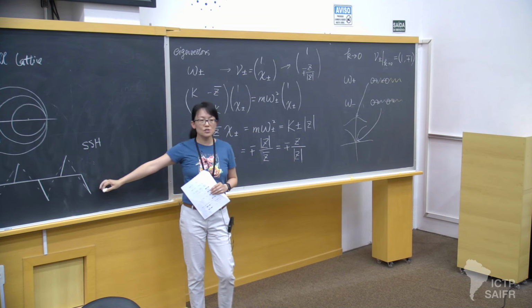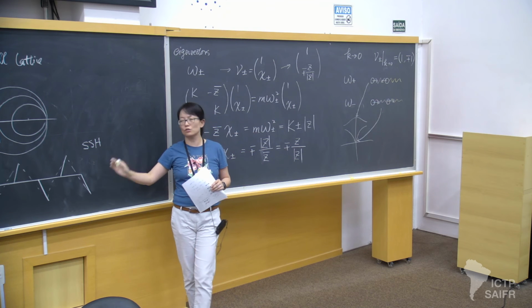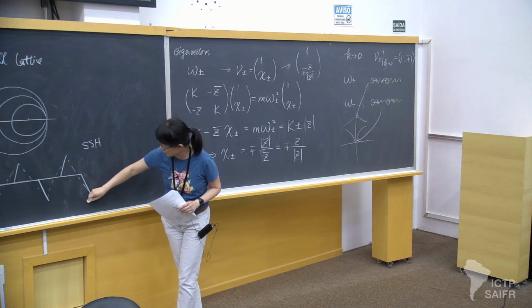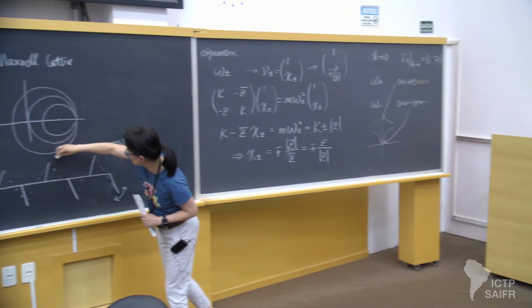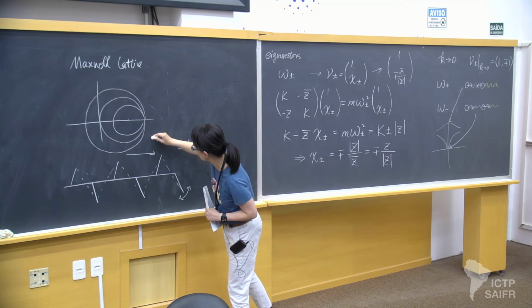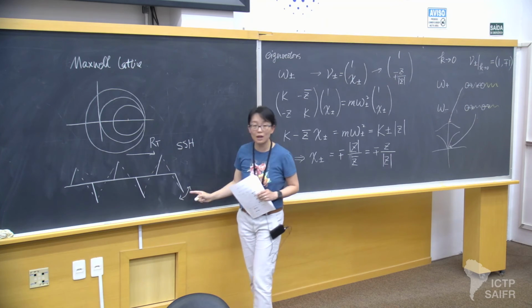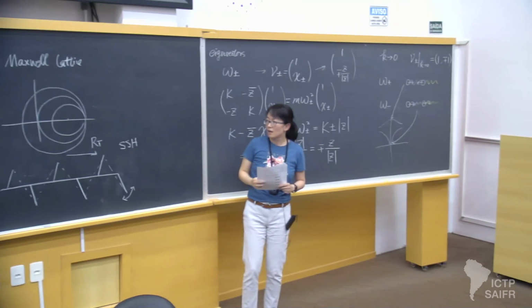In this case, what the topological state tells you is that here you have a zero mode. You have a topological polarization that points like this, and you have a zero mode on this side.